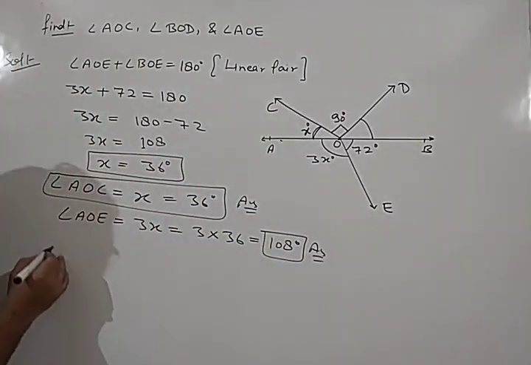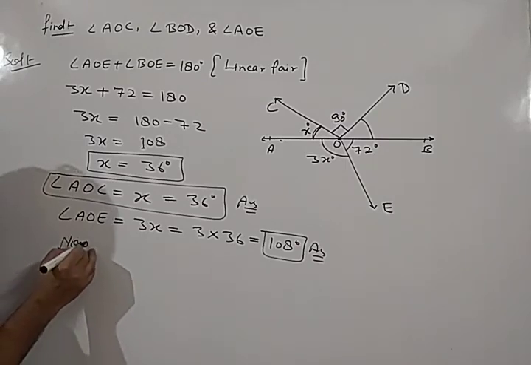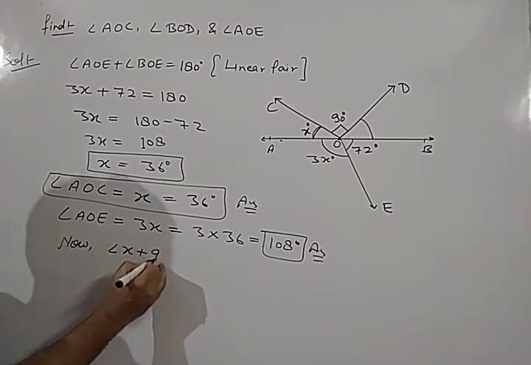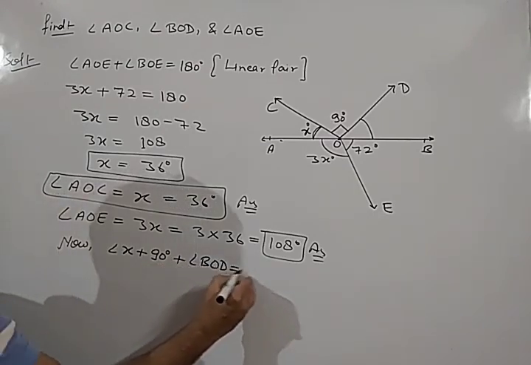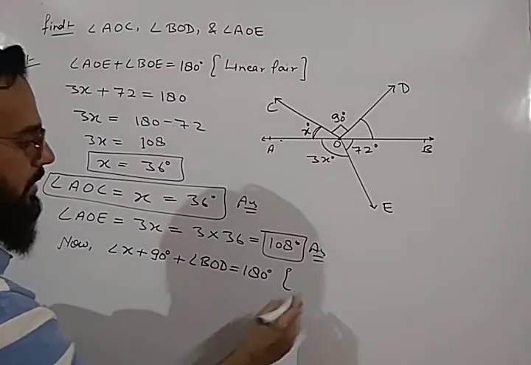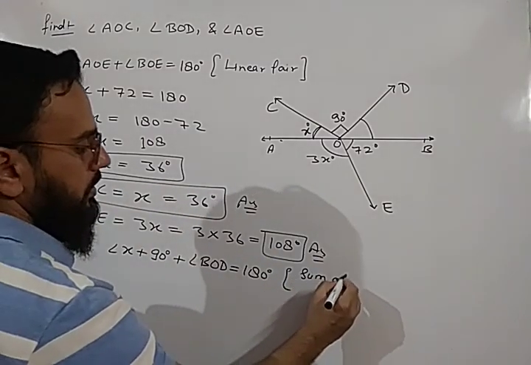So let us write now angle X plus 90 degree plus angle BOD will be equal to 180 degree. And what is the reason behind it?